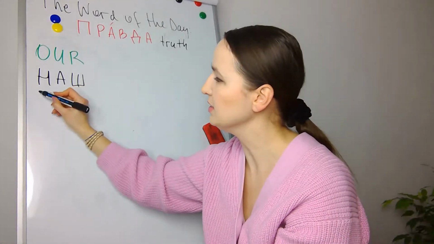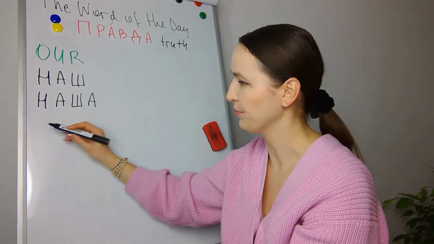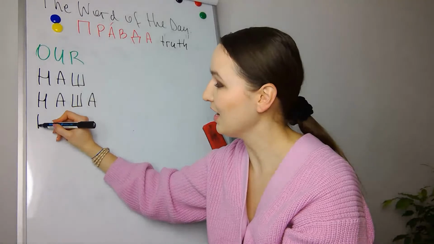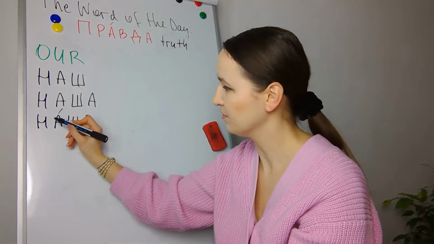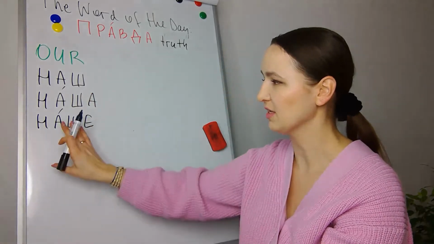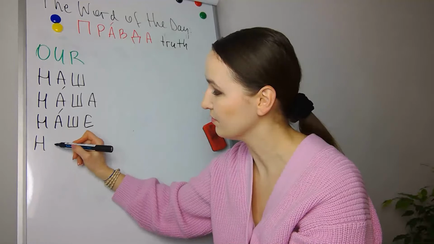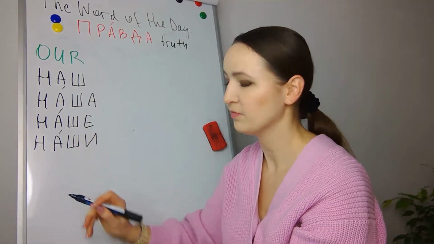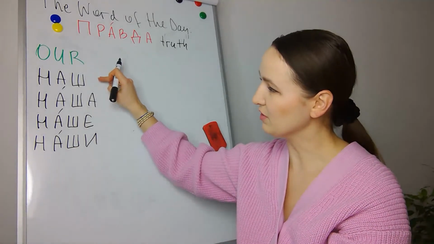Our in feminine, наша. Our in neuter is наше. And our in plural, наши.